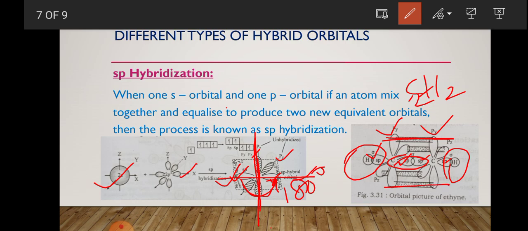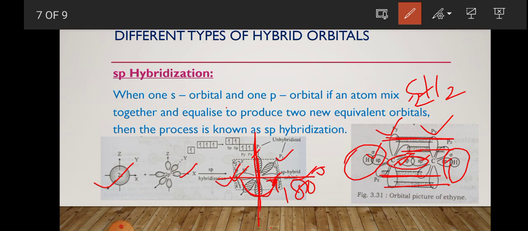Now another 2p orbital of each carbon overlaps sidewise and forms another pi bond. Look here, this pz orbital overlaps with another pz orbital of the other carbon and forms another pi bond.